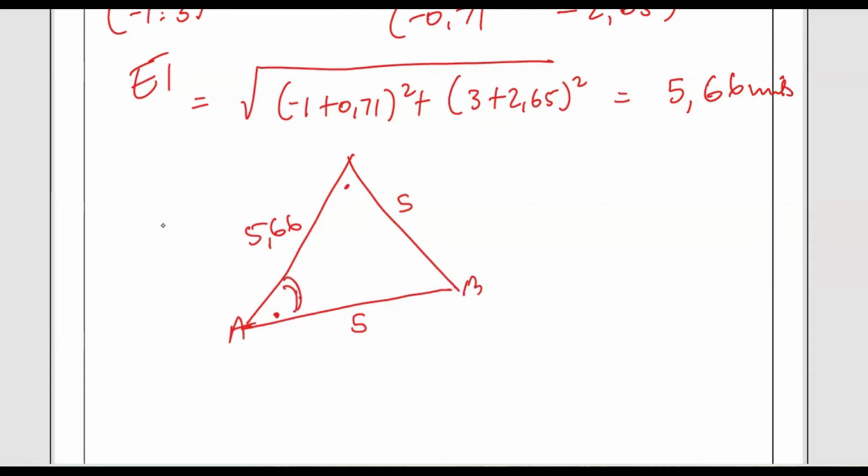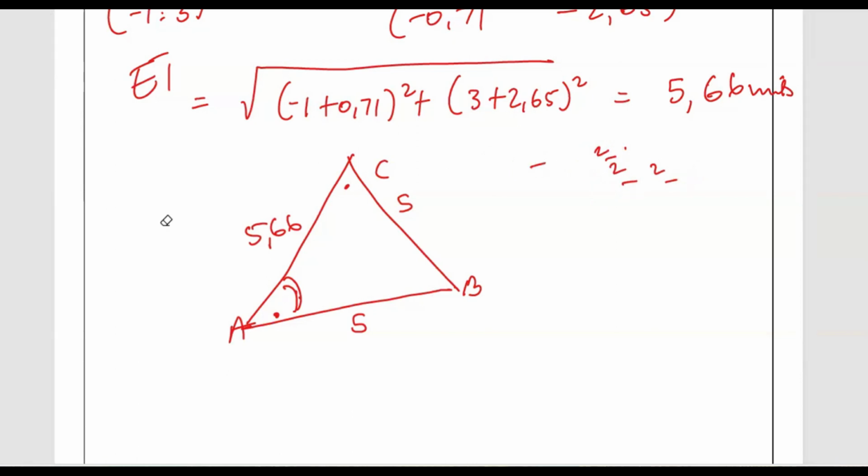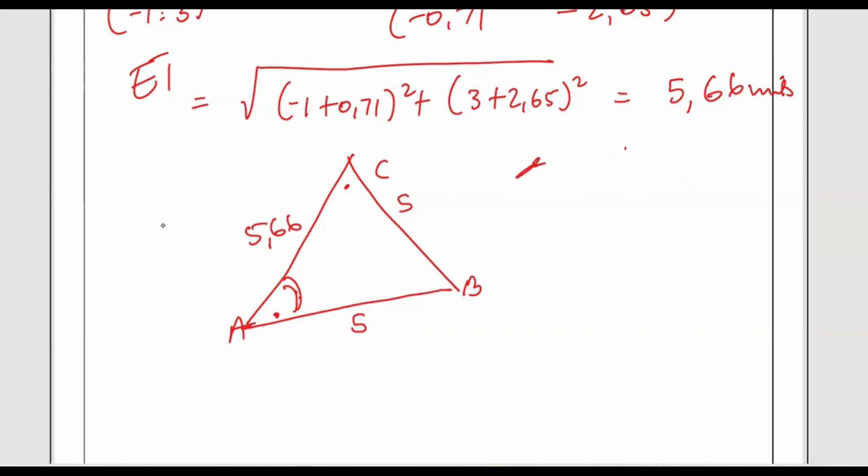So that is A, B, and C. We know from the formula page that the cos of A should be B squared plus C squared minus A squared over twice something like that. Let me just write it down the way it is on the formula page.